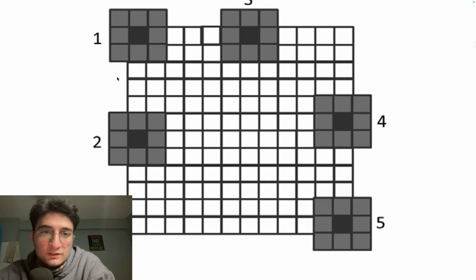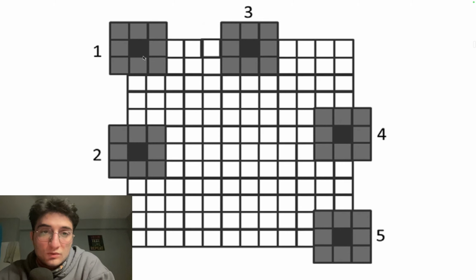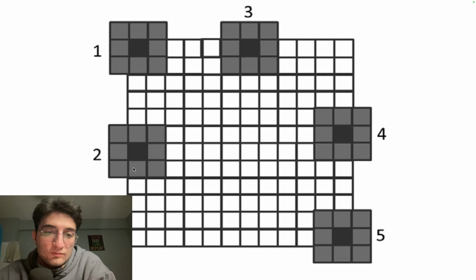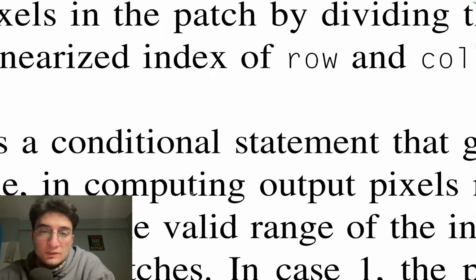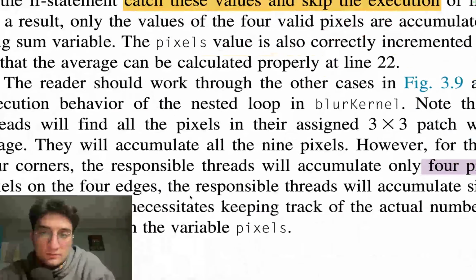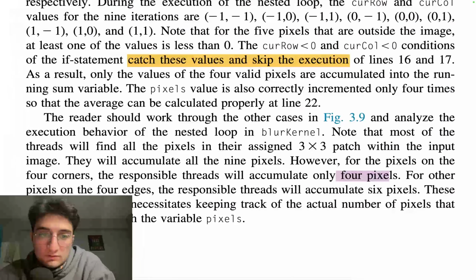Or if it's not in the corner, but it's in the edge, so this one is corner, this one is edge, then these 3 pixels are not considered. These 6 pixels are just accumulated or getting summed.